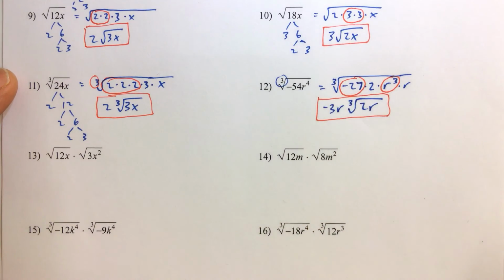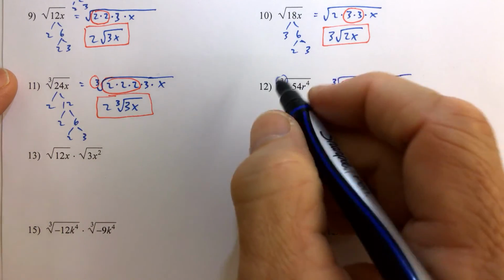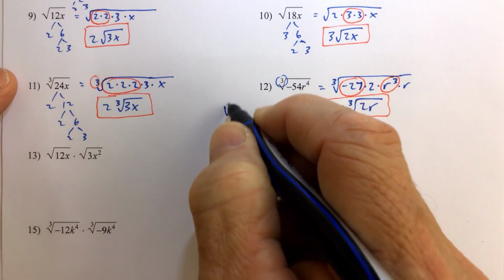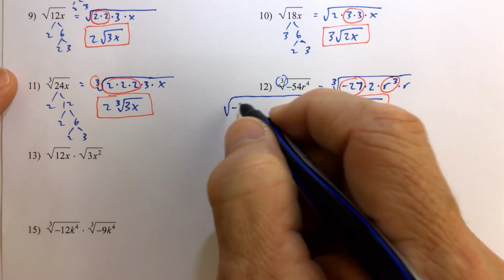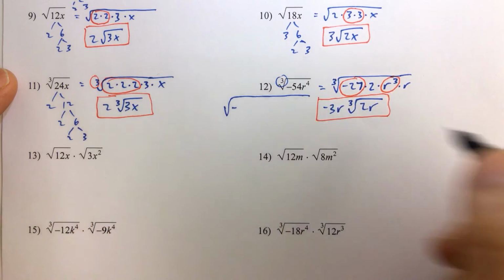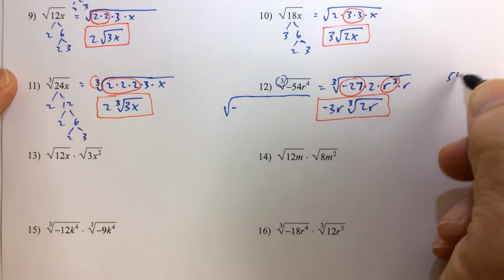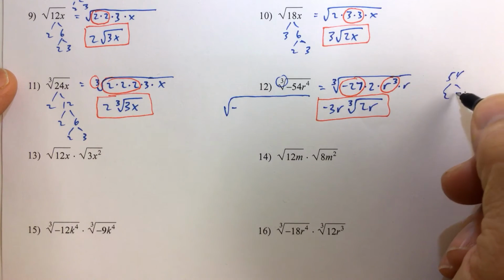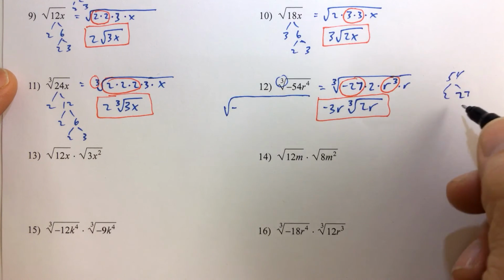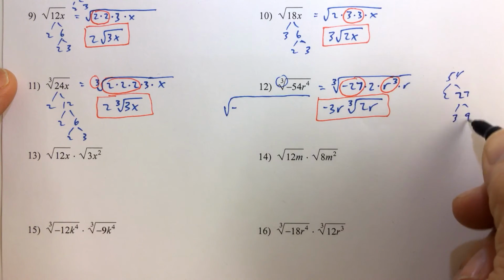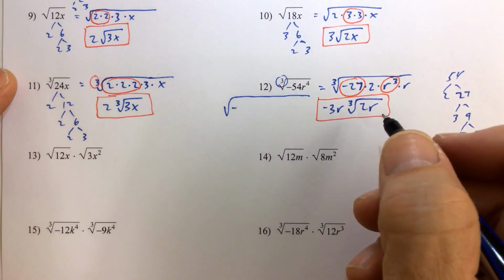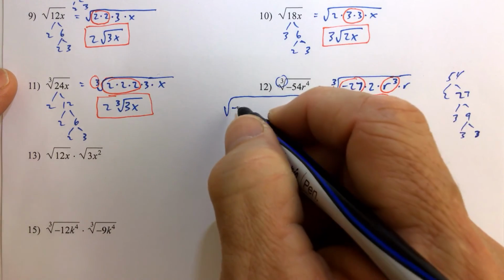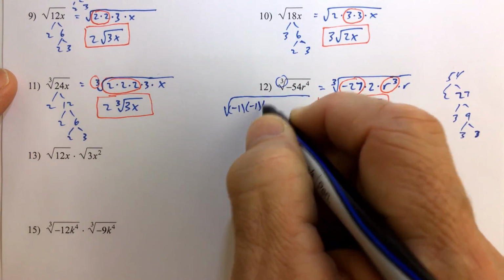of writing everything out. And if by chance that's something you did, it would look like this. A negative, let's see, 54, I'll write it like this, 54, 2 times 27, and then we have 3 times 9, and then 3 times 3. So with that negative in there, we could write it as negative 1 times negative 1 times negative 1.